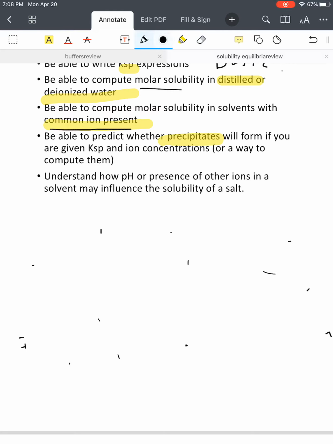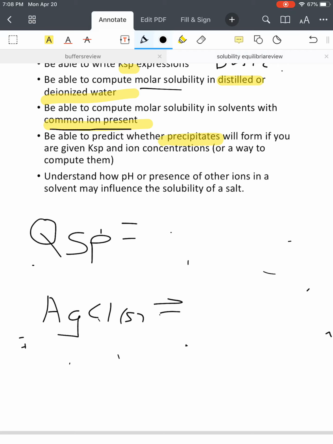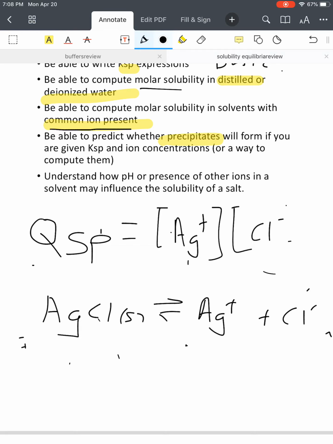What you need to do is compute your QSP. That's your reaction quotient. So for some generic reaction, I guess we'll just consider a specific reaction like silver chloride solid, something like that, okay? It's going to make silver plus 1, and it's going to make chloride minus 1. Now you can compute your QSP by plugging in your silver molarity and your chloride molarity into the QSP expression.